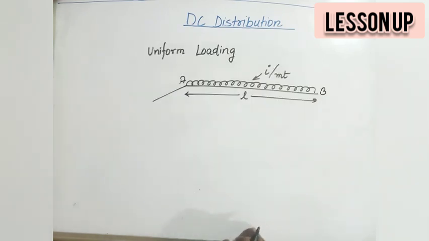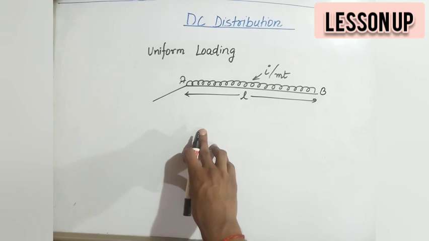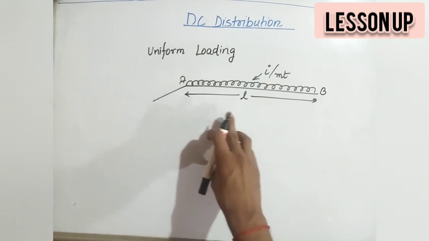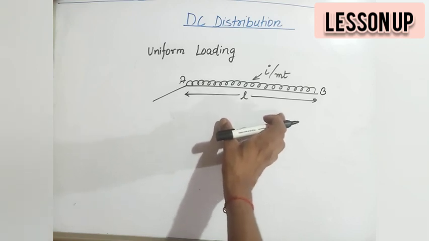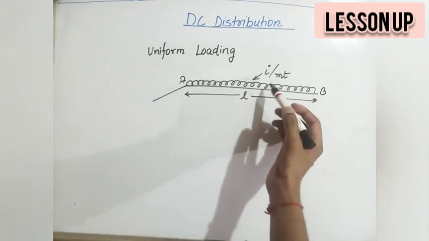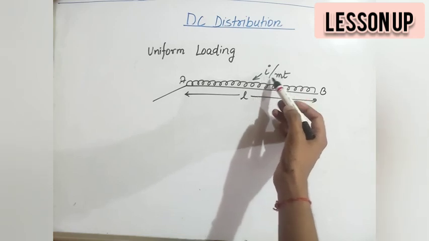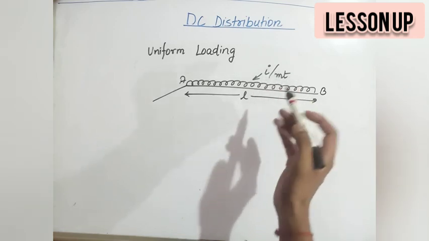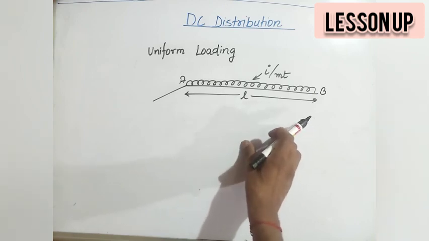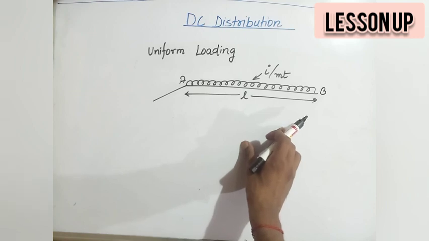Now next is uniform loading. In uniform loading, the loading on the line is such that ampere per unit length, I have written I per meter, meaning ampere per meter, is considered as uniform loading.